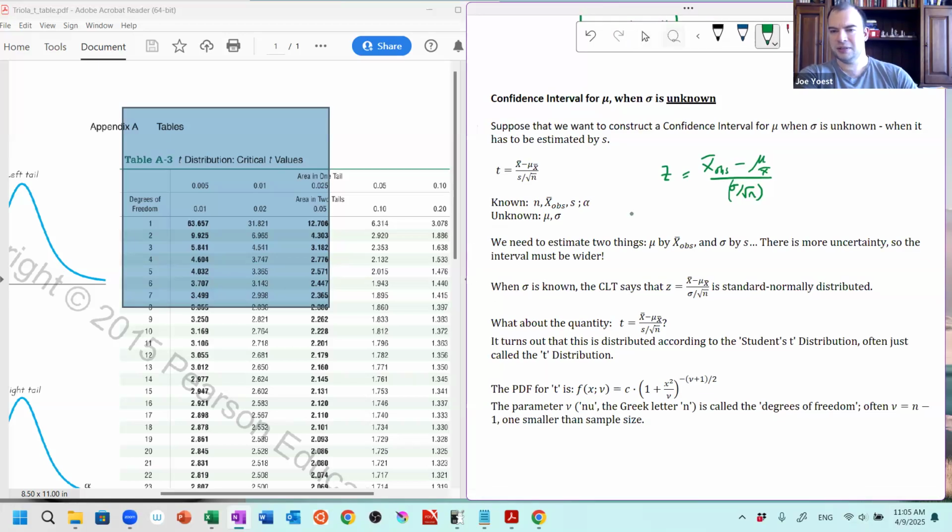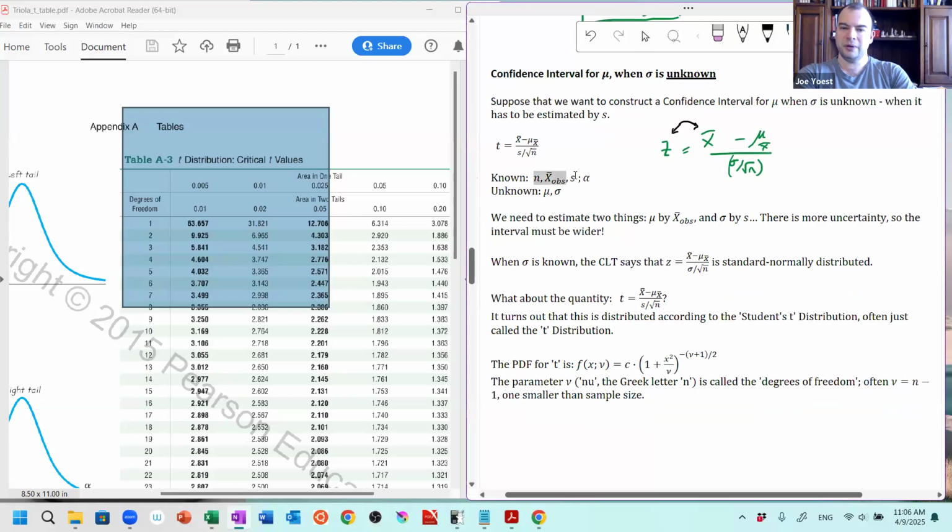This should be x bar, the random variable, not x bar observed. There we go. So this was how the random variable Z related to the random variable x bar. And we see a very similar relationship here between the random variable t and the random variable x bar.